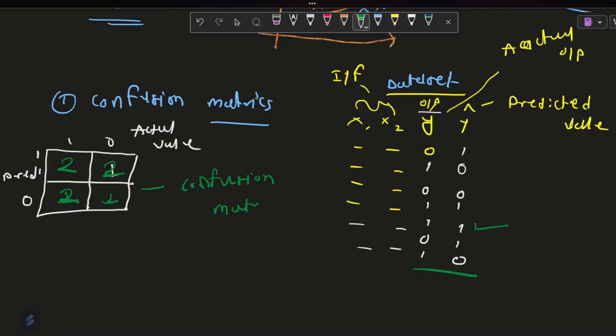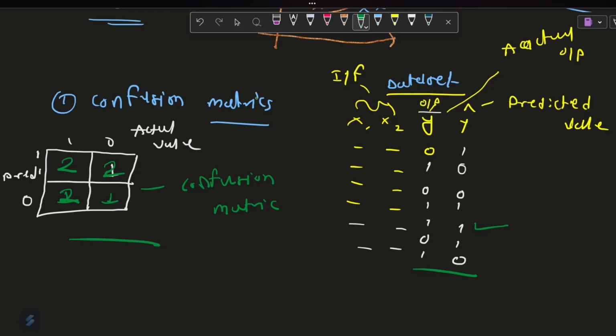On the basis of the confusion matrix, you learn about precision, recall, F-beta score, accuracy. All these concepts are based on the confusion matrix, right? So what the confusion matrix is, is very important to understand.